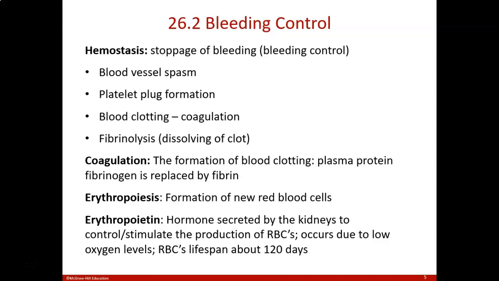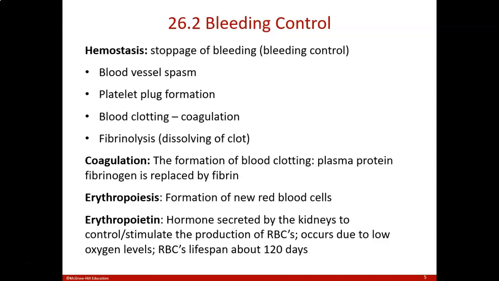If we talk about the formation of blood in general, you'll hear the word hematopoiesis. But when it's being referred to specifically with the formation and generation of new red blood cells, we use the word erythropoiesis. Poiesis is the formation of. There's a hormone that is secreted by the kidneys called erythropoietin. When the kidneys sense that there's not as many red blood cells in the system, they stimulate that hormone erythropoietin to be secreted, and that signals the red bone marrow within the bone to start to create more red blood cells.